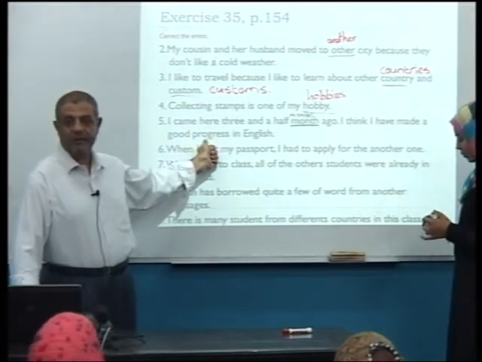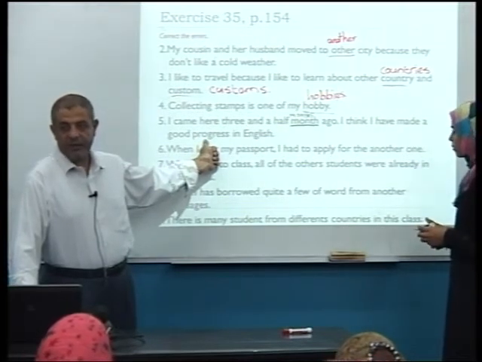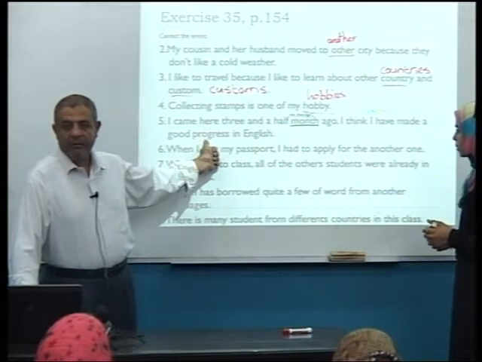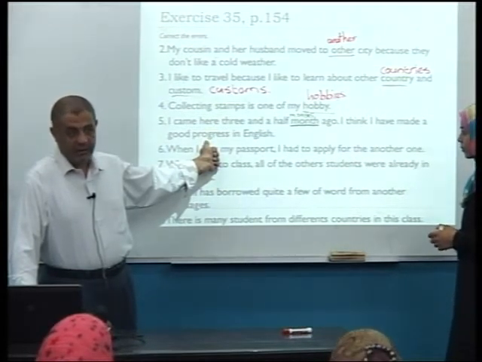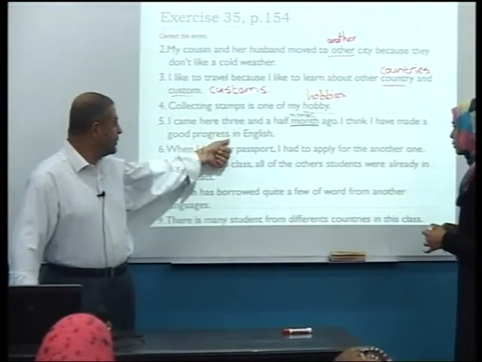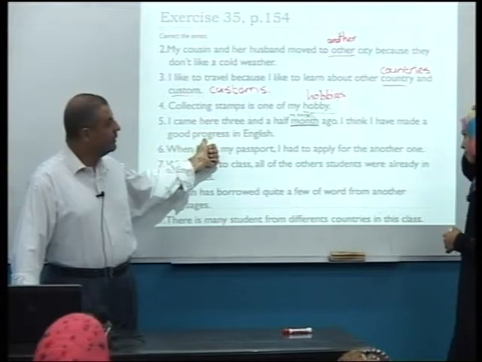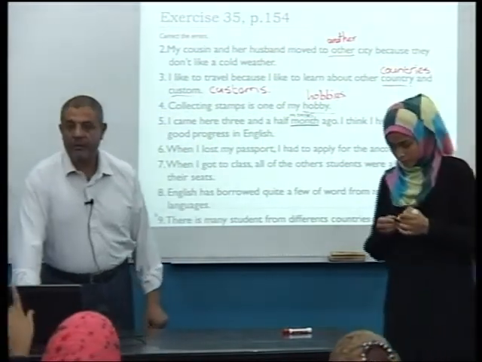What type of nouns? Non-count. The indefinite article is used only for singular count nouns: a pen, a car, a class, and so on. So can we use it with a non-count noun? No. So it should be deleted. Thank you. Good. Next one.